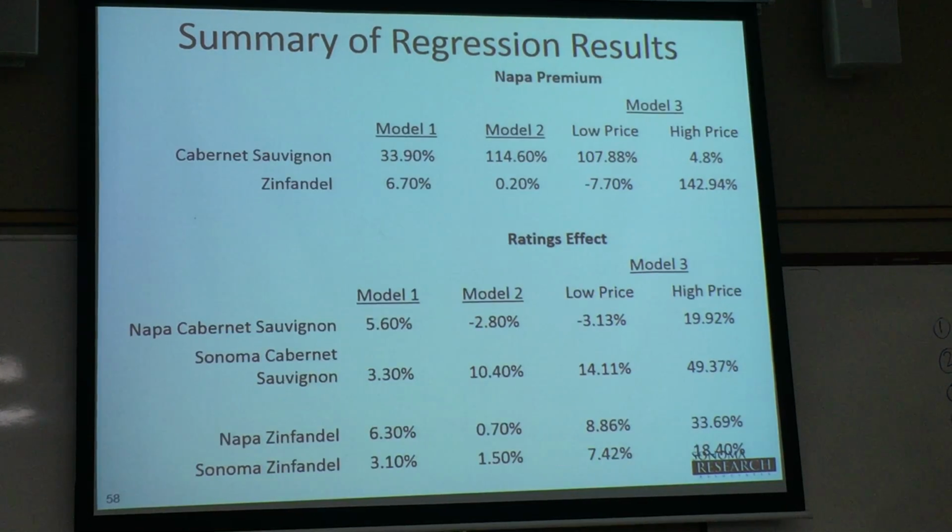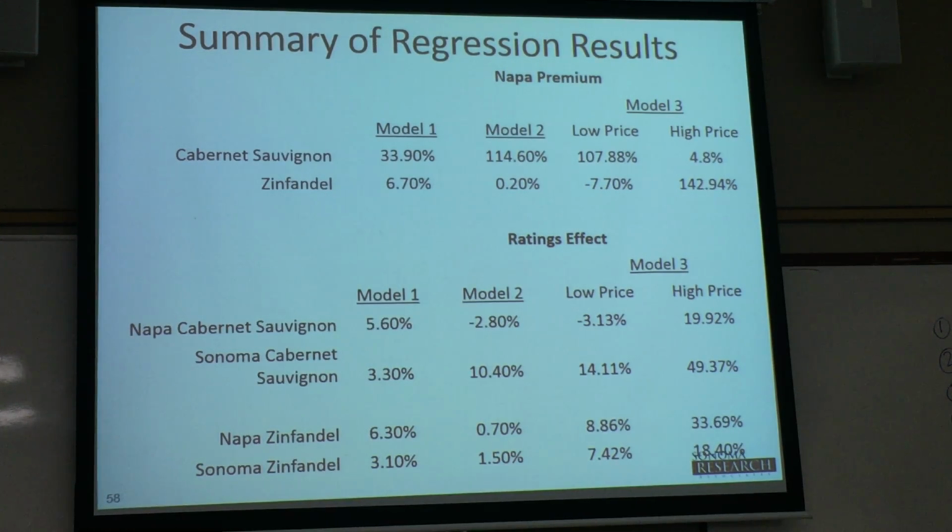So if we compare it to a high price and a low price, what was my high price and low price? Or my high rating and low rating? I forgot. But we've got that 107%, that was at 85, and I think this was evaluated at 91 or so.